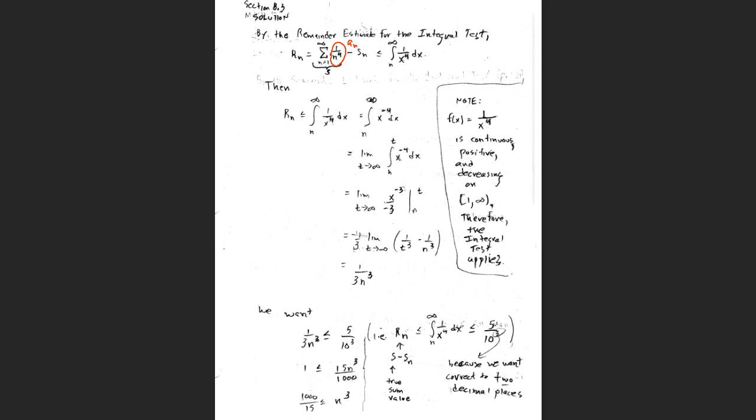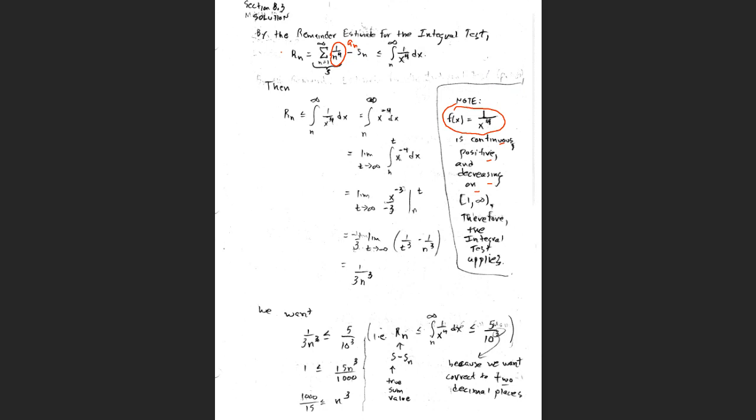So the function that corresponds to that is 1 over x to the 4th, and that's continuous, positive, and decreasing over the interval from 1 to infinity. Because of that, the integral test applies.